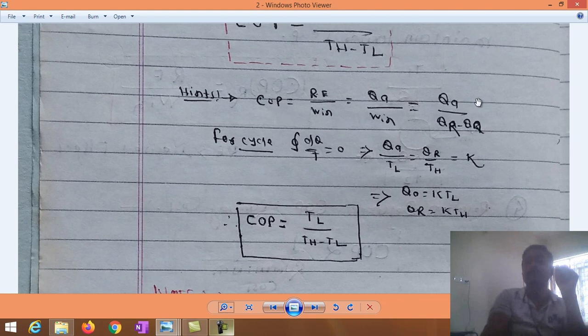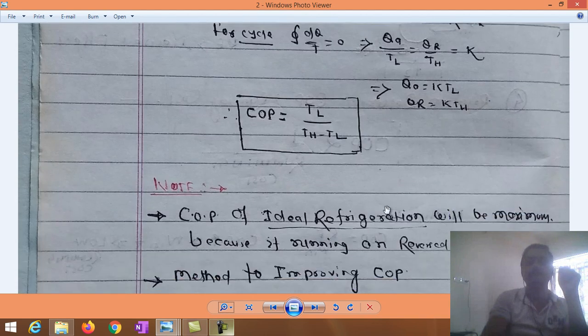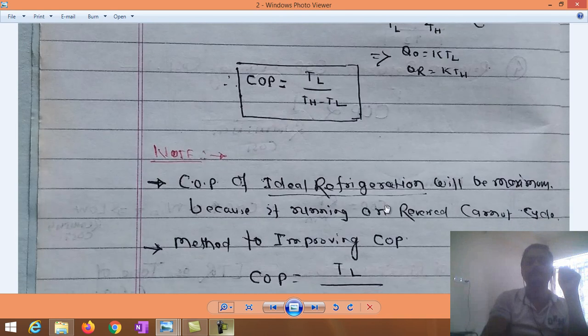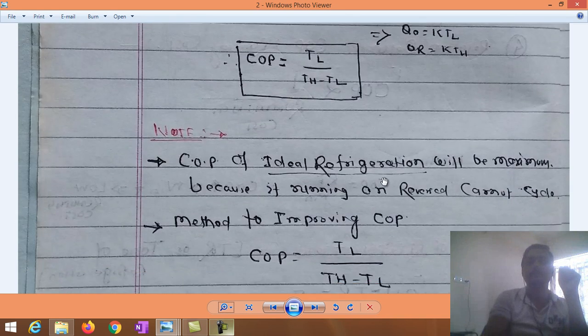Since this is a reverse Carnot cycle, in this condition, this equation can be written in terms of temperature. COP of this reverse Carnot cycle will be maximum because all 4 processes are reversible and this runs on reverse Carnot cycle, therefore COP will be maximum, right?